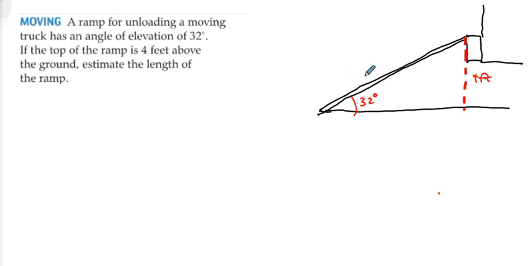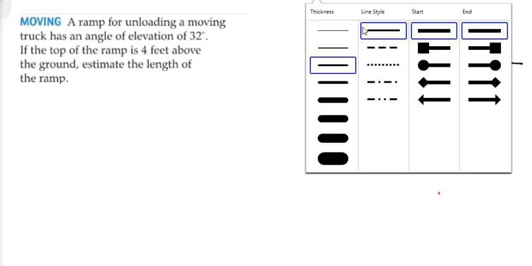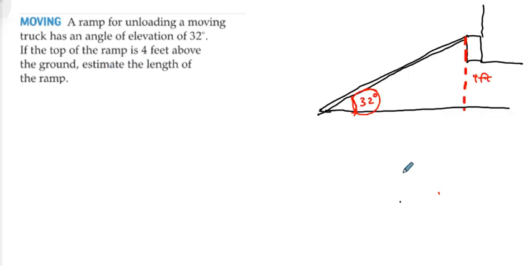But here's what we know. We know that this is really close to 30 degrees. We know this is 32 degrees, okay? So we're going to take a little liberty here, because it says estimate, it doesn't say find the exact. And if it wanted us to find the exact, we wouldn't have enough information, to be fair.